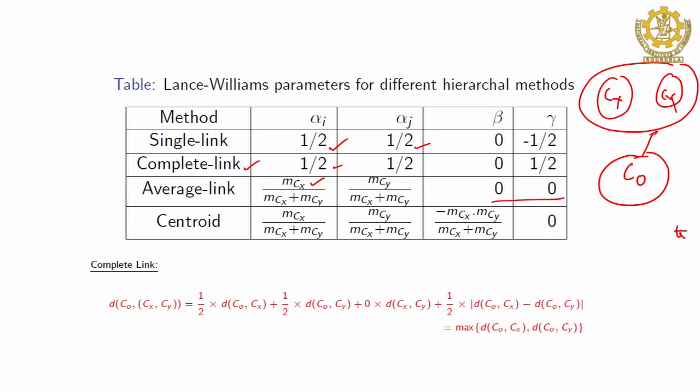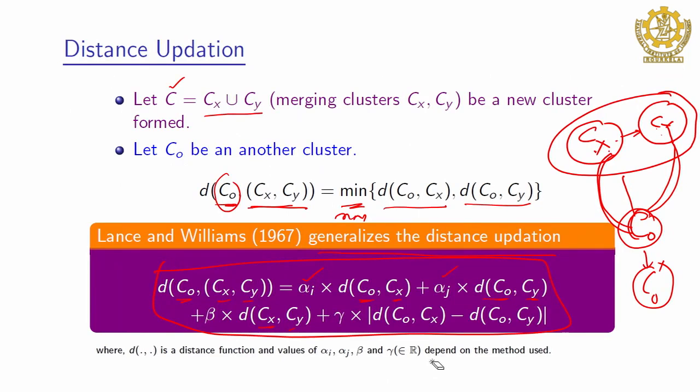Now, how is it applicable? So, let us say distance from C0 to CxCy will be complete linkage. So, this alpha I will be half of distance from C0 to Cx plus half of distance from C0 to Cy. So, if you forget the formula here, I can go back here. Distance from C0 to Cx, distance from C0 to Cy, distance from Cx to Cy, and then the difference of distance from C0 Cx and distance C0 Cy.